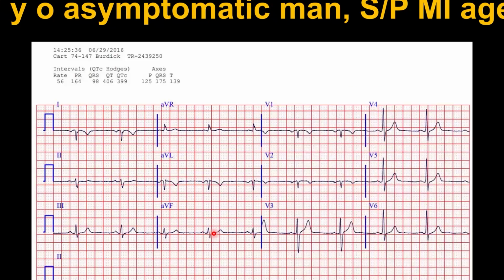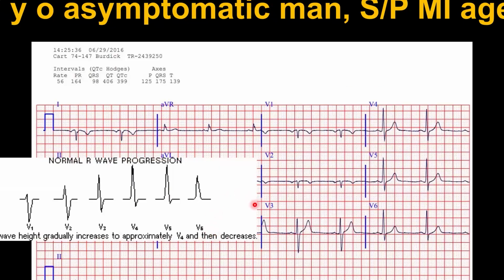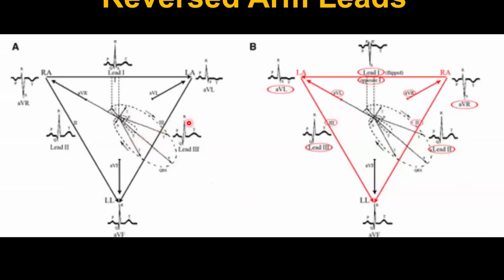Well, if you look at the R wave progression, it is relatively normal. So the commonest cause of this kind of thing is reversed arm leads, right? In the limb leads, this is a reversal of the left arm and the right arm.